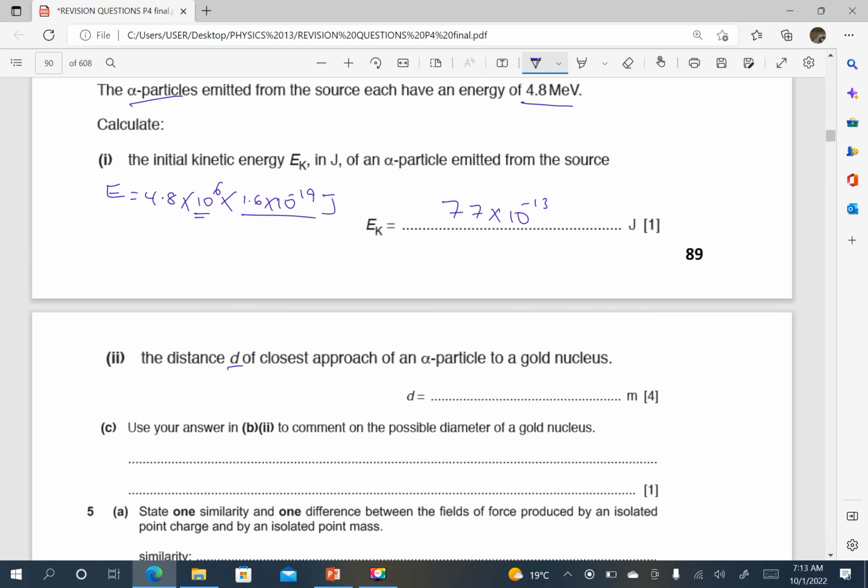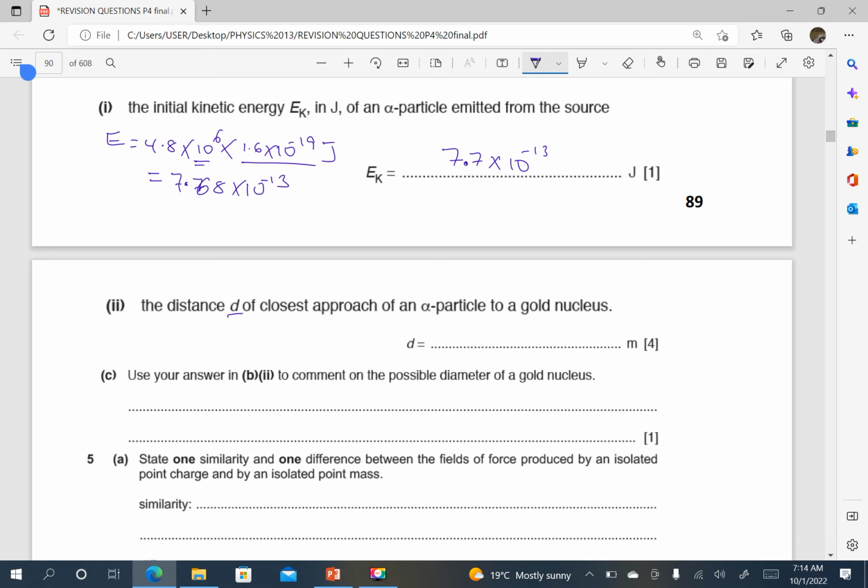Actually, the exact value that I got was 7.68 times 10 power negative 13. I just rounded off to two significant figures. Avoid writing answers which are not exact to less than two significant figures, unless it is uncertainties in AS.